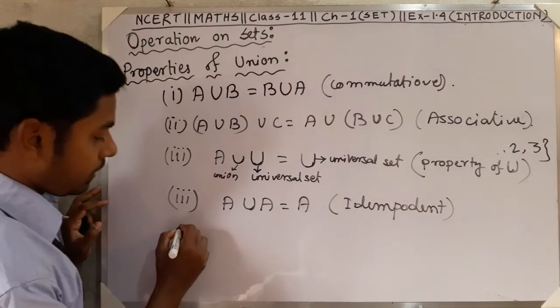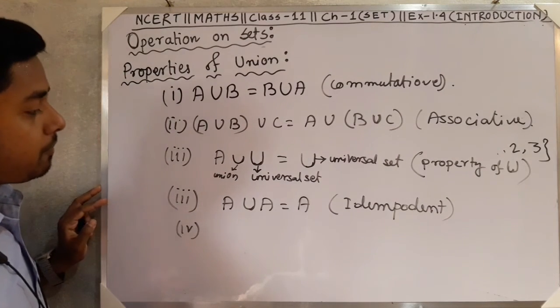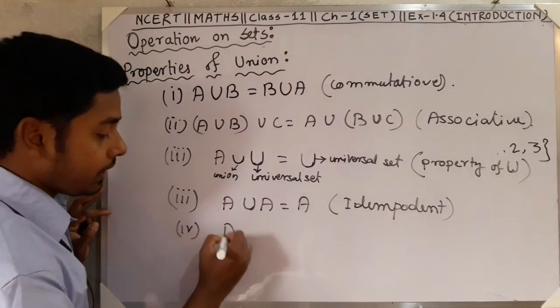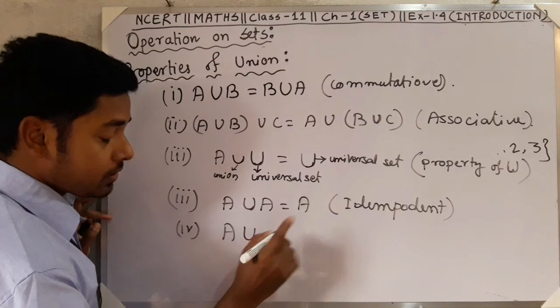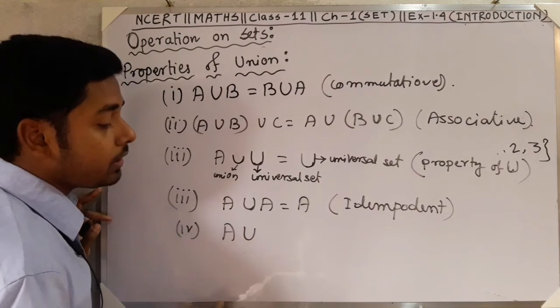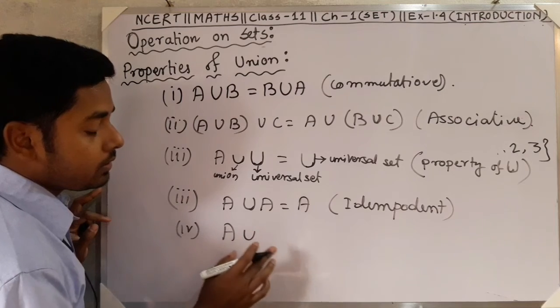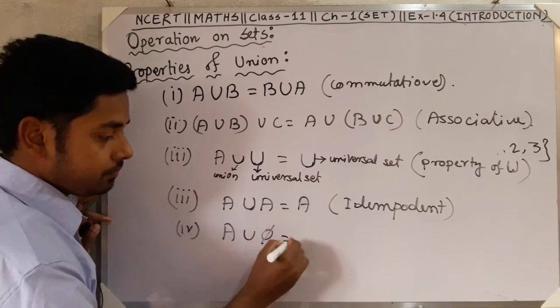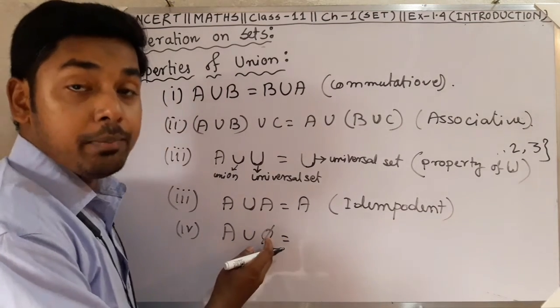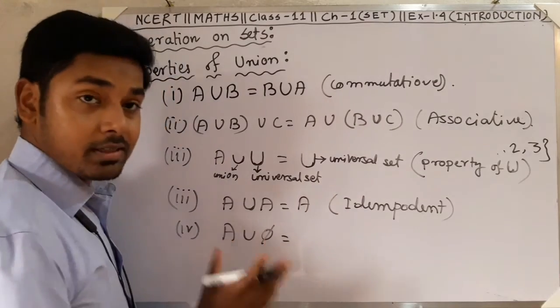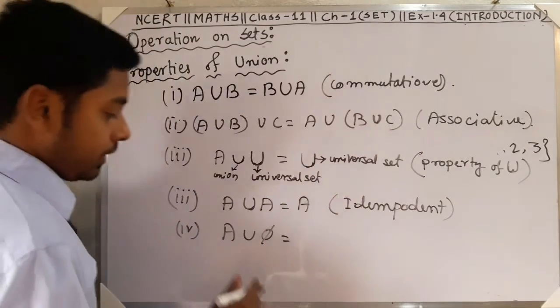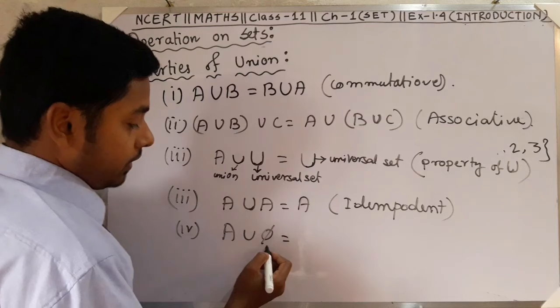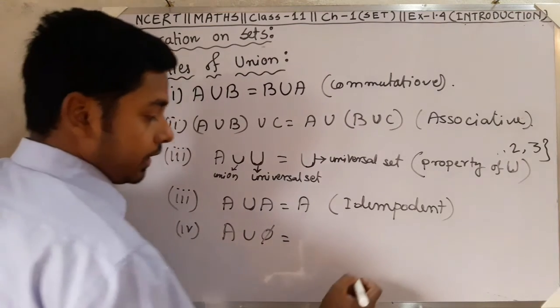Okay, and fourth property, that is A union phi. Phi means what? Empty set, and A is a set, not empty. So what will be the union of A and phi?